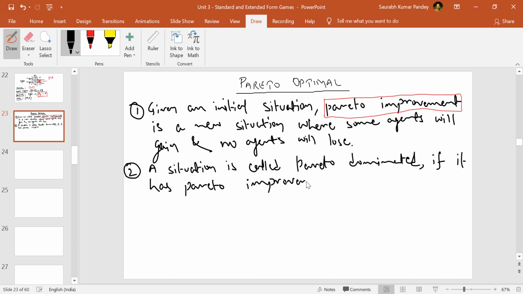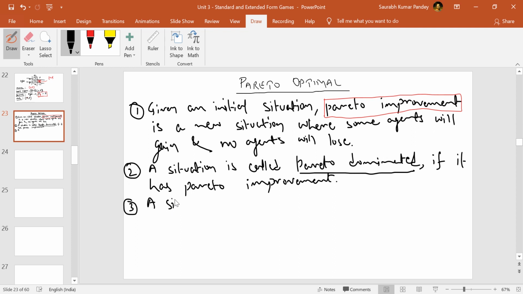So what does it mean? You found a Pareto improved situation, correct? Now the original situation can be known as a Pareto dominated situation if it has a Pareto improvement. So the point to be underlined here is Pareto dominated.